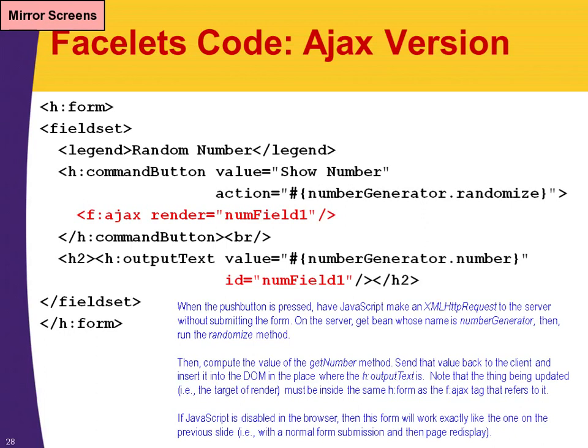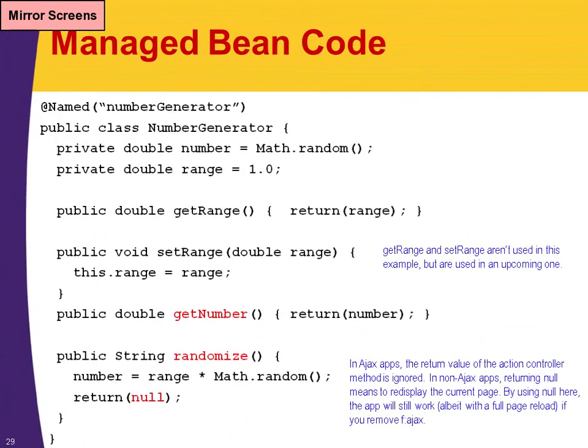Okay, and again, the nice thing about this is that it will still work as long as you adhere to that returning null thing, and so on. It will still work even if the JavaScript were turned off. So this is just the code on the other side, just to show you what's going on. There's the call to randomize.